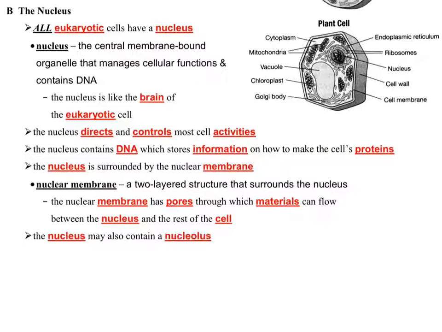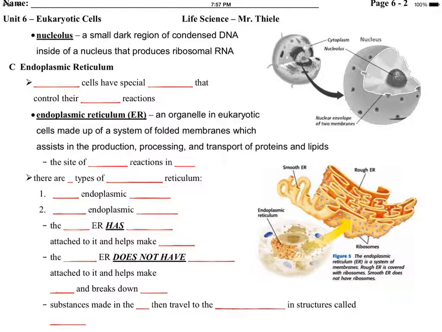The nucleus may also contain another structure, which looks kind of like a mini nucleus, called a nucleolus. The nucleolus looks like a smaller nucleus inside of the larger nucleus, but really what it is is a mass of condensed DNA inside of the nucleus that produces ribosomal RNA.